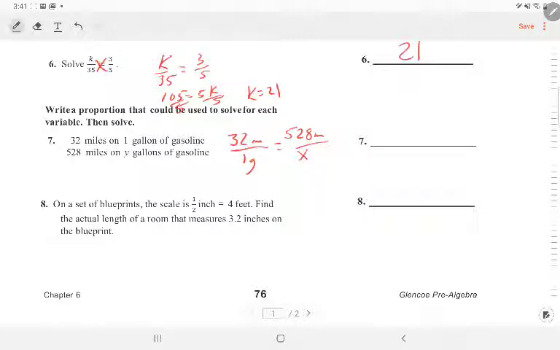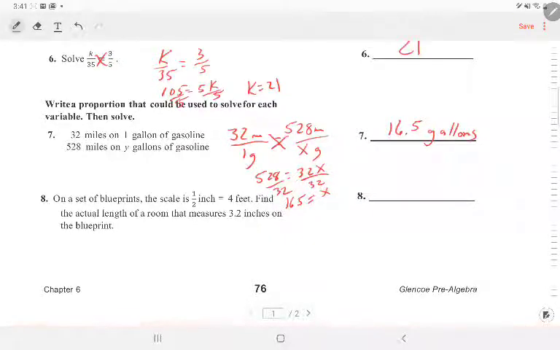We then cross multiply, and we end up with 528 equals 32X. Divide both sides by 32, and X equals 16.5 gallons.